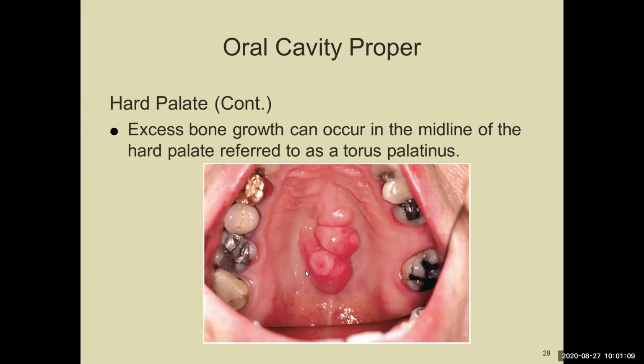It is considered one. So we're not just saying this patient has a palatine torus, we need to describe it because we are into description, all right? So is it small, medium, or large? Is it smooth or is it lobular? And this is lobular, so you can see it's lobular. And you can see there's some scar tissue.